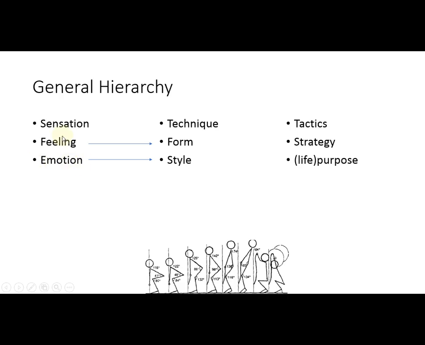So this is a general route. Now, tactics may be said to be, let's say form or style is the skill, the expression of technique in a skill. A series of skills is a sequence. Sequences express tactics.